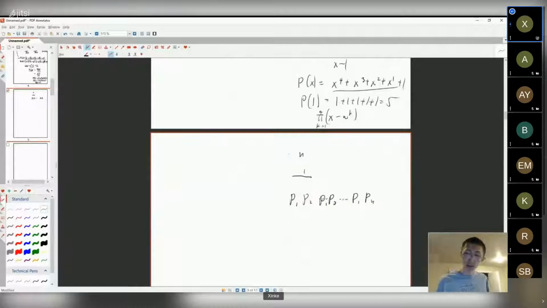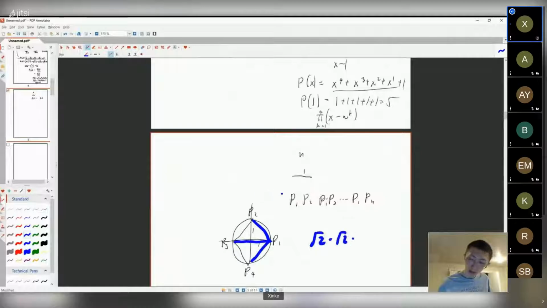So the same argument works. Let's just check it works for a square, right? So this is 1, this is 1. So P1, P2, P3, P4. The product of these 3 lengths is root 2 times root 2 times 2. So that's 4. And 4 is the number of sides, so that works.